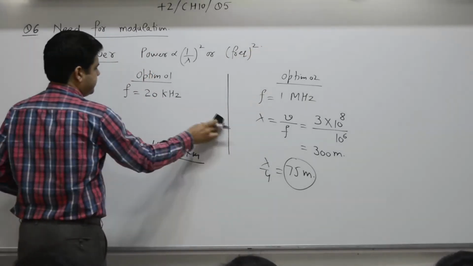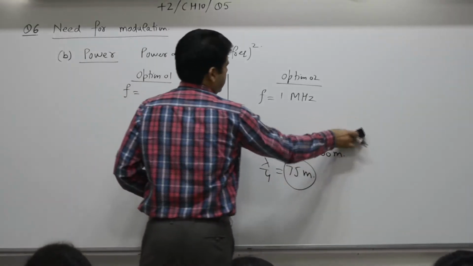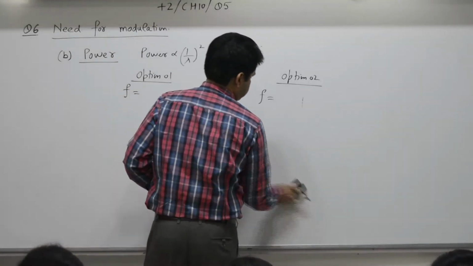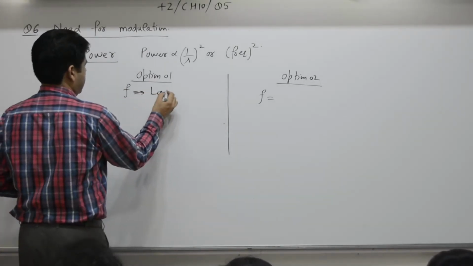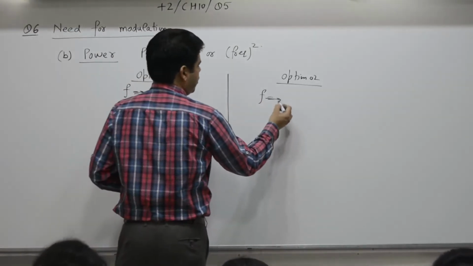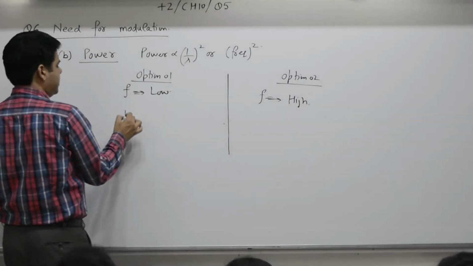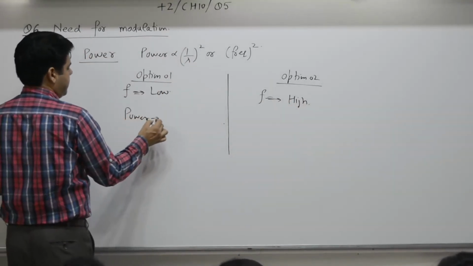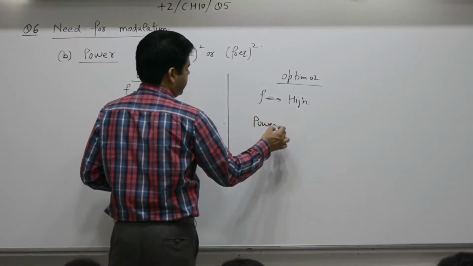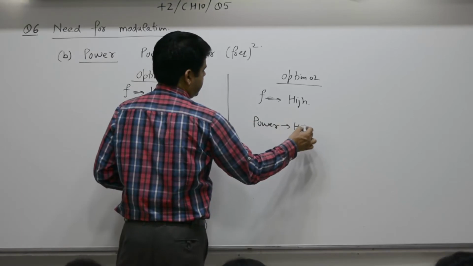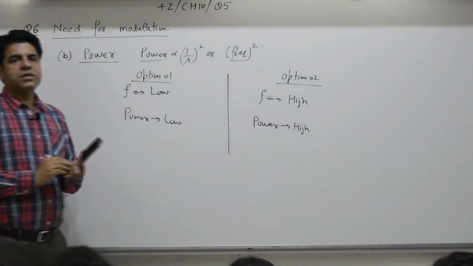Option 1, without modulation: frequency is low. With modulation, frequency is high. So power without modulation will be low. Power here will be high, because power is proportional to the square of the frequency.